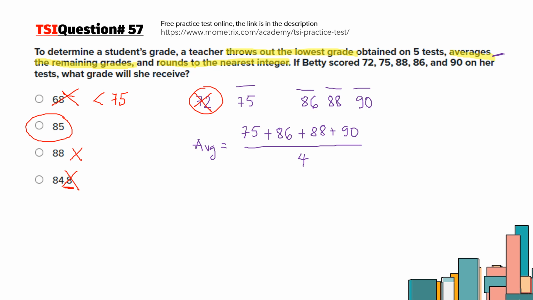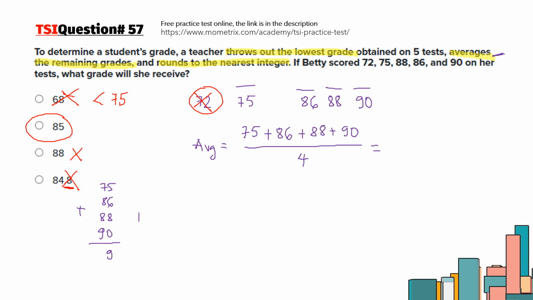Now this is the calculation, so we have to add them all up: 75, add 86, add 88, add 90. The ones column first: 5 plus 6 is 11, plus 8 is 19, plus 0 is 19. Write 9, remember 1.